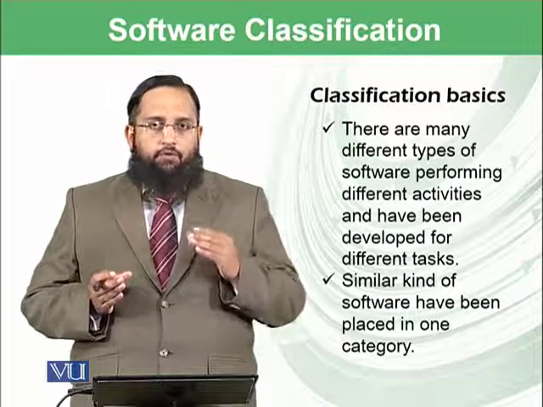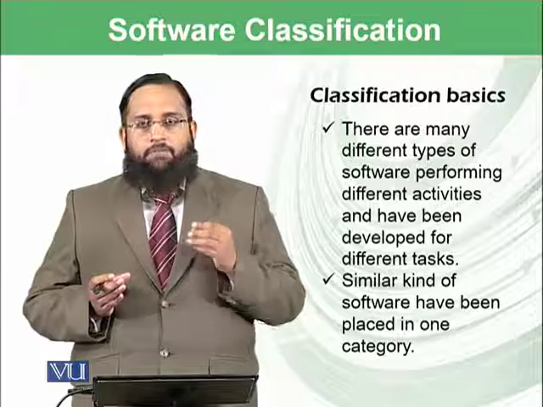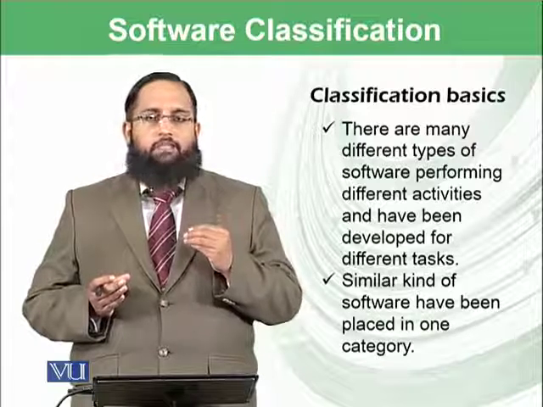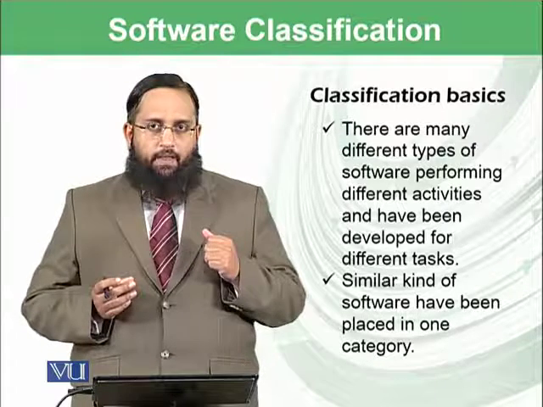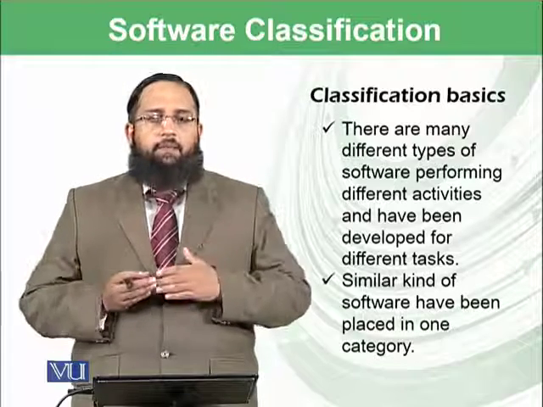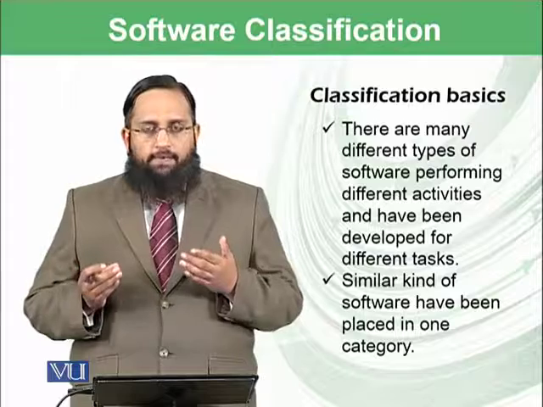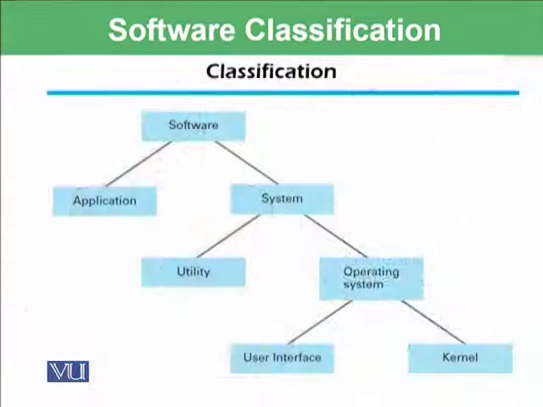But whatever you have used is basically a kind of special software known as application software. However, in computer science, there are many other types of software. We will be discussing them in the next slide.